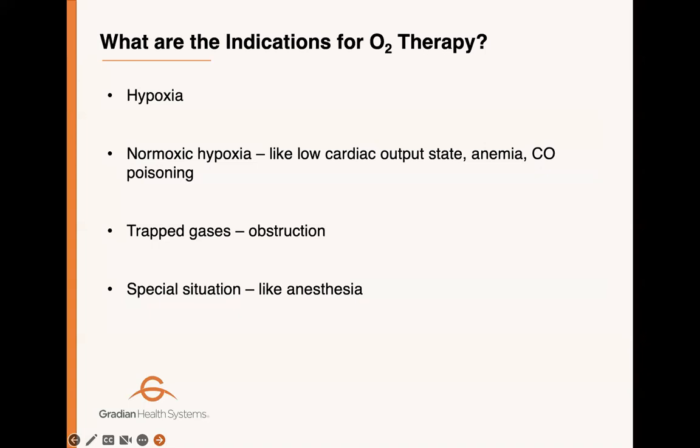In situations where there are trapped gases or obstruction, and in special situations like anesthesia during surgery, you need to supplement oxygen because the patient is under tension and stress, so that you have a good physiological outcome. Next slide.